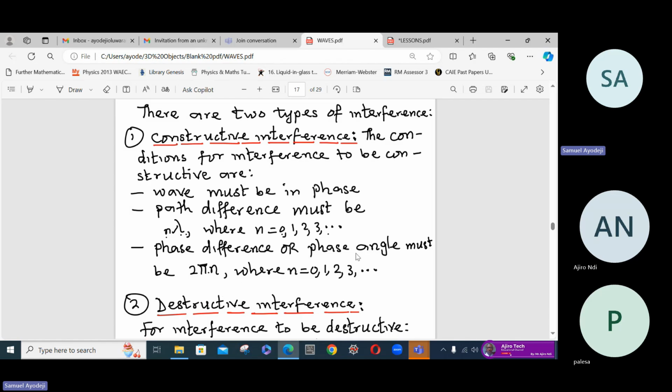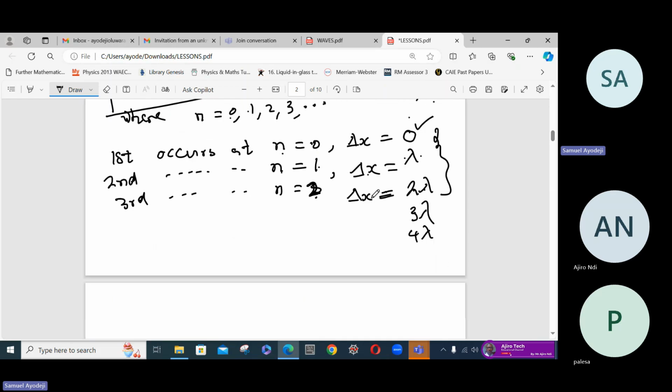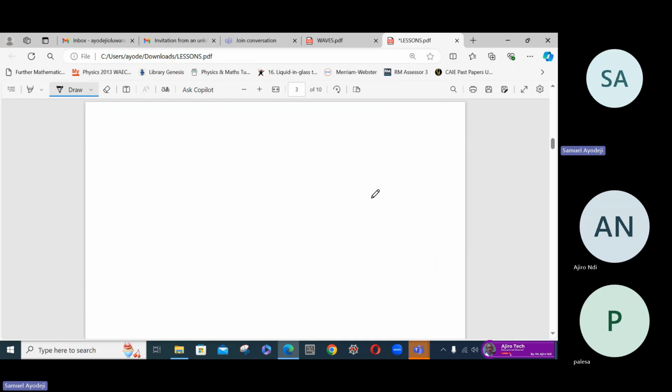So the phase difference for constructive interference is 2 pi n, where n is from 0 as well. What formula do we use for calculating phase difference, represented by phi? There are two formulas.